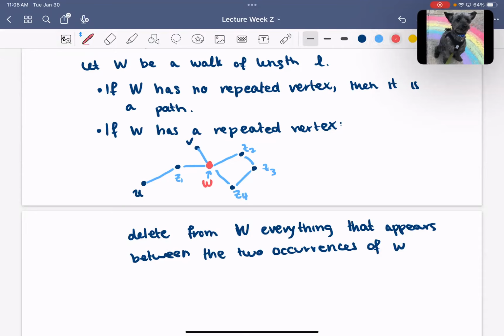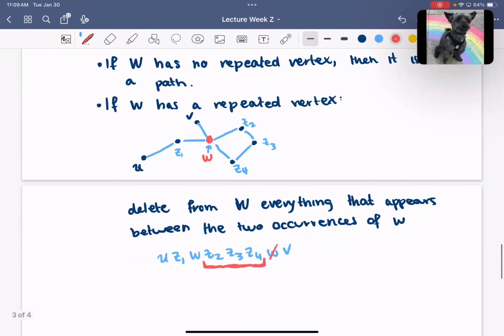So my walk W is U, Z1, W, Z2, Z3, Z4, W, V. Okay, I'm gonna delete everything in here. And I also need to leave behind just one W, so I'm also gonna delete a W. So that leaves me with just U, Z1, W. I'm skipping everything all the way up to V.